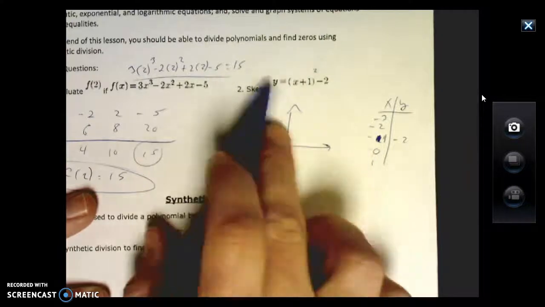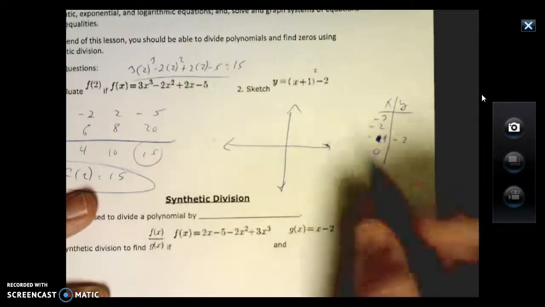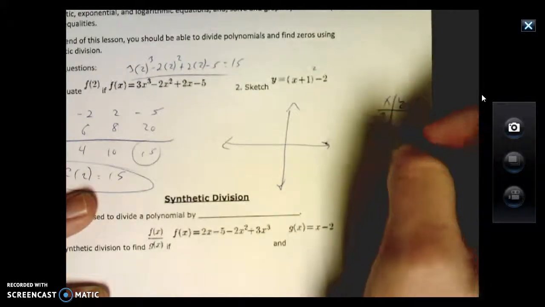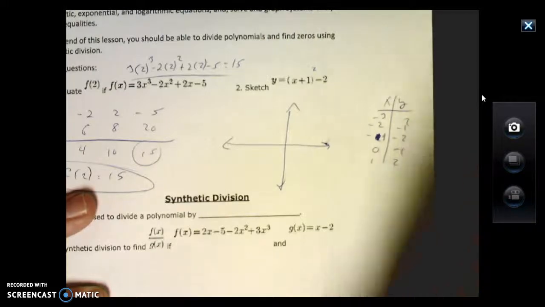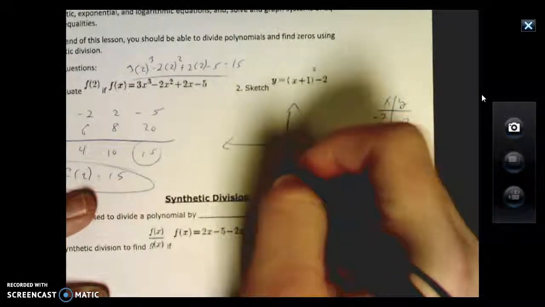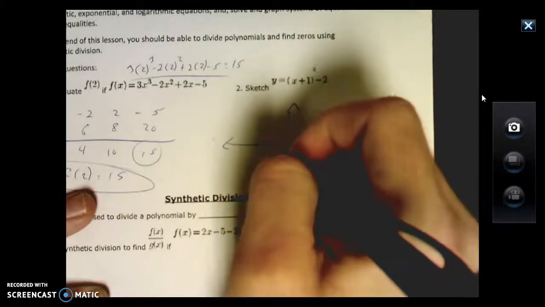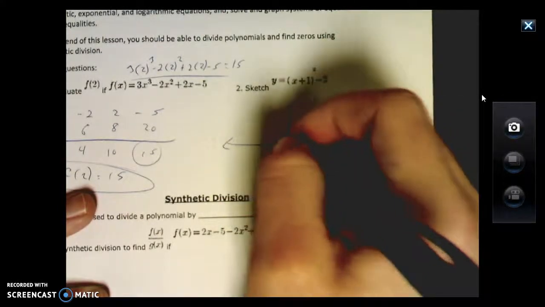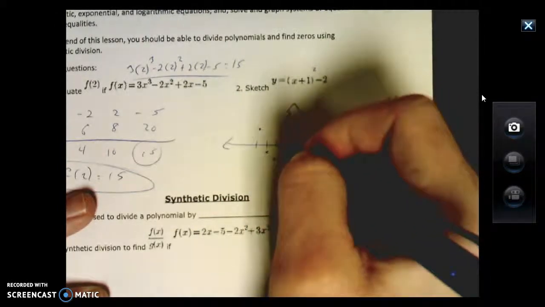If I plug a 0 in here, 0 plus 1 squared is 1 squared, 1 minus 2 is -1. And then 1 plus 1 is 2, 2 squared is 4, minus 2 is 2. And then you can plot these points. Back 1, down 2. Back 2, down 1. Like so, and then over here would be like this. And there's my parabola.